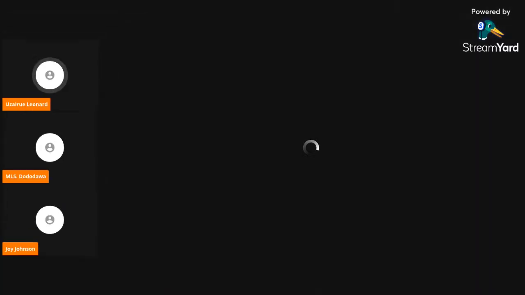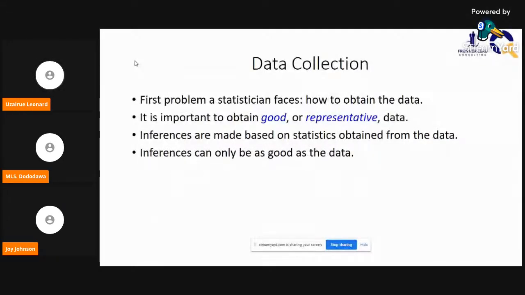We made mention that data is actually the heart of statistics, because without data there is no statistics. For you to be able to do a good analysis, you have to collect good data.